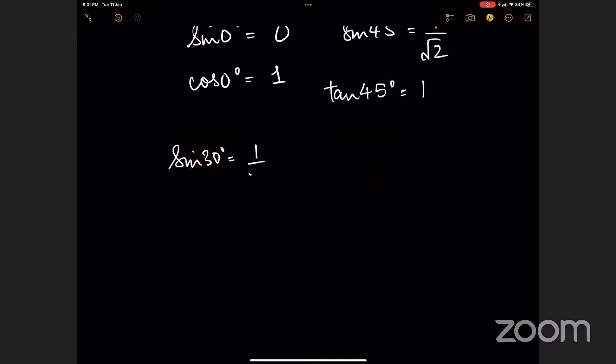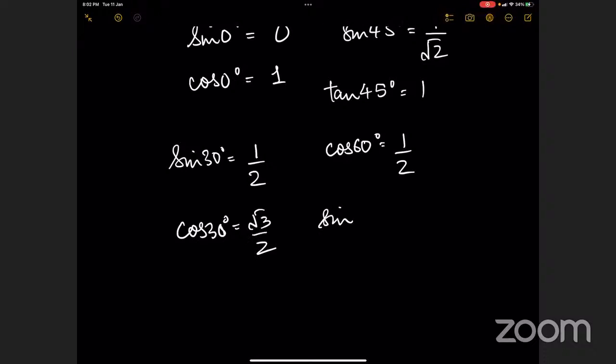And cos 60 degrees would be 1 by 2. And cos 30 degrees is root 3 by 2. And sine 60 degrees is root 3 by 2 again.